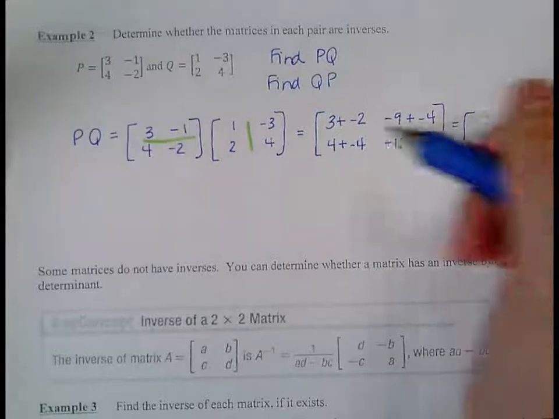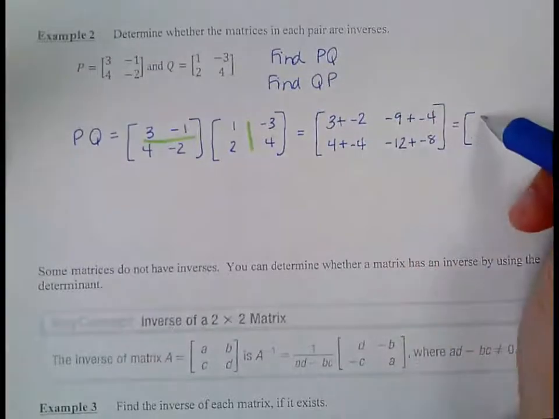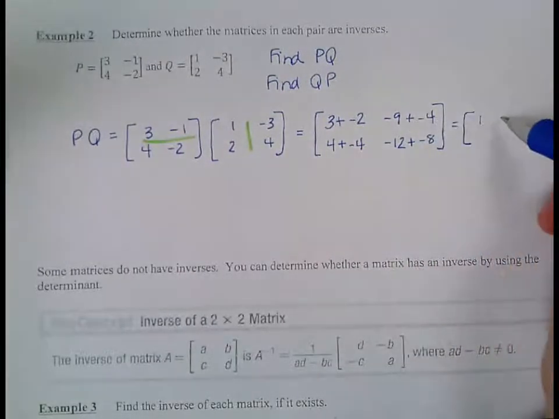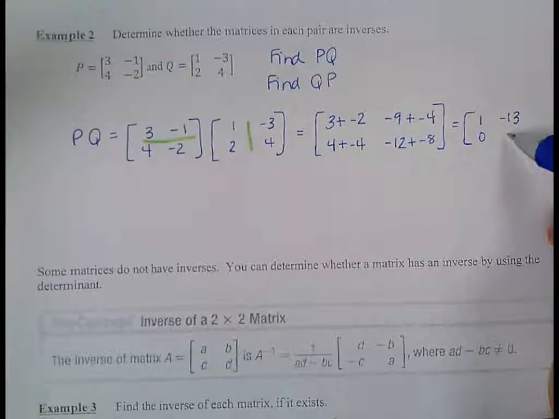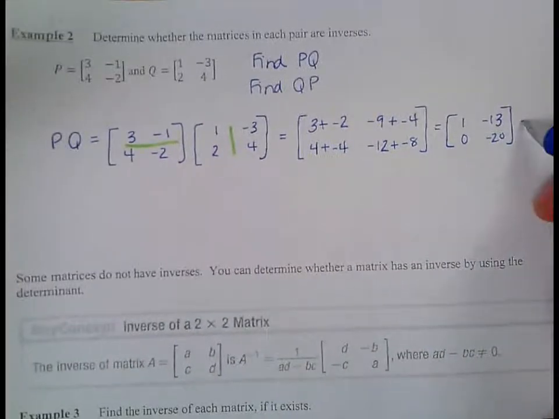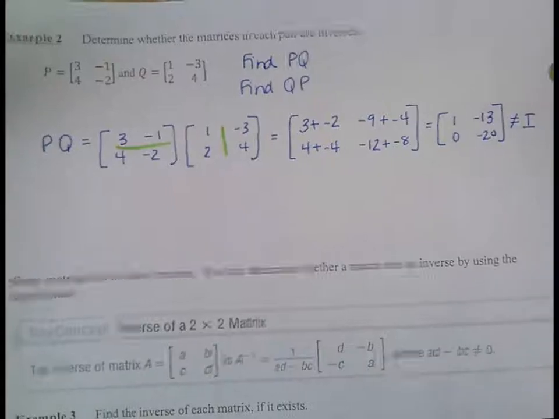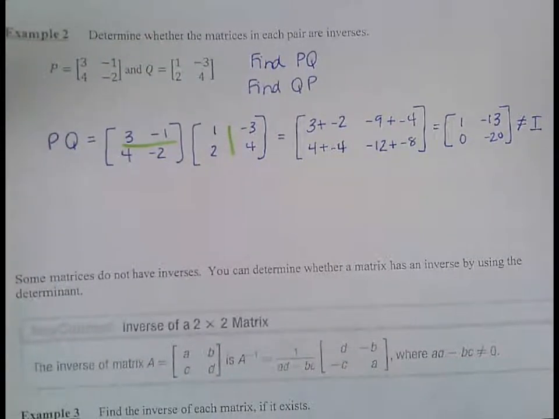So this product, 3 and negative 2 is 1, negative 9 and negative 4 is negative 13. 4 plus negative 4 is 0, negative 12 plus negative 8 is negative 20. This is not the identity matrix. And all that means then is that these are not inverses.